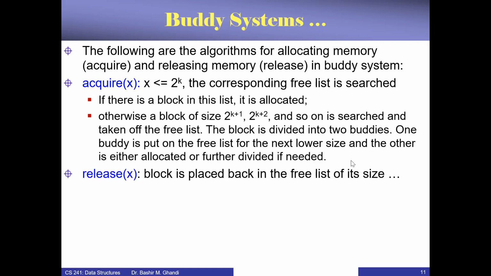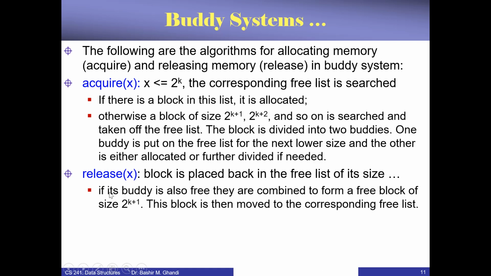What about release? A program has finished its use of the allocated memory, and the memory manager needs to return it back to the free list. So this is the procedure: release X. The block is placed back in the free list of its size. Okay, but we don't stop there.